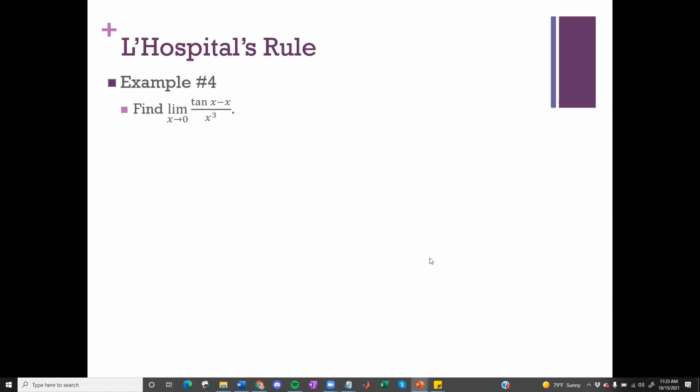All right. Tangent of x minus x over x cubed. Is L'Hopital's rule useful here? Is it even allowed? How do we know it's allowed?